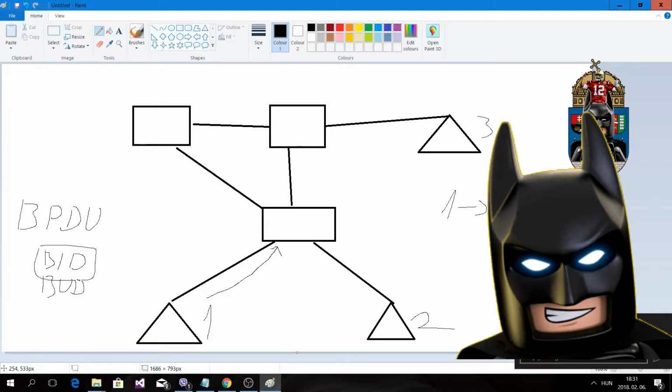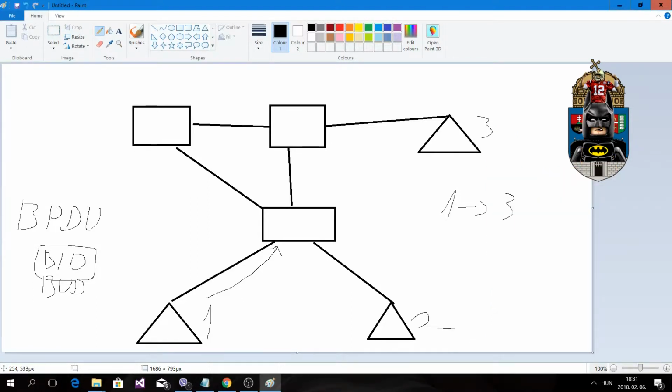Within the BPDU, if I remember well, or it has another name, I don't know, the switches will include their original root bridge ID, and the cost, I believe the cost.